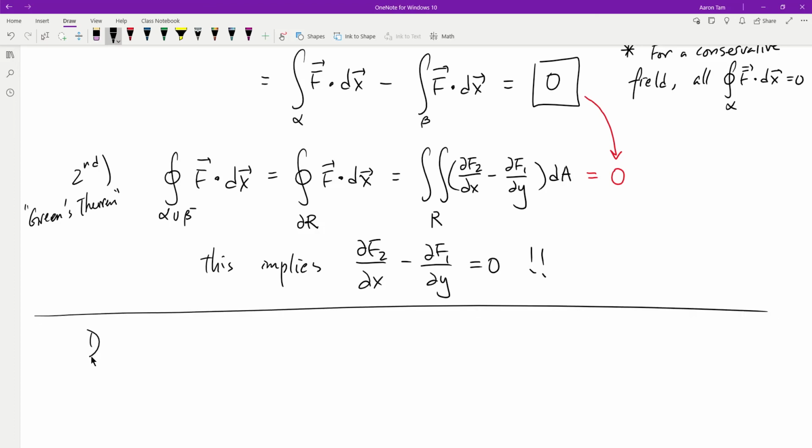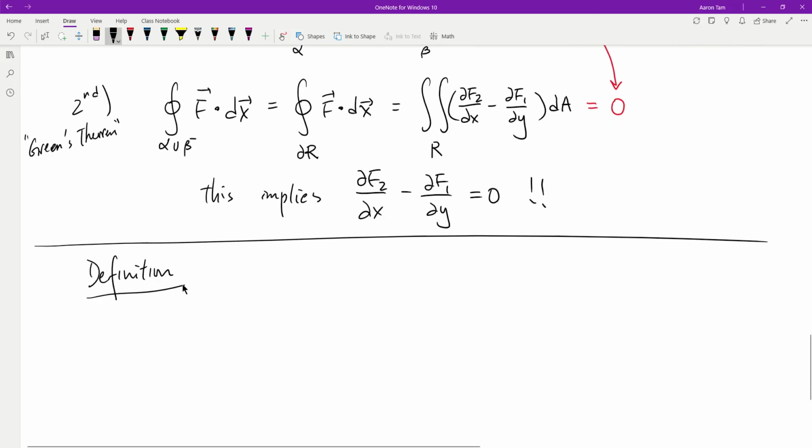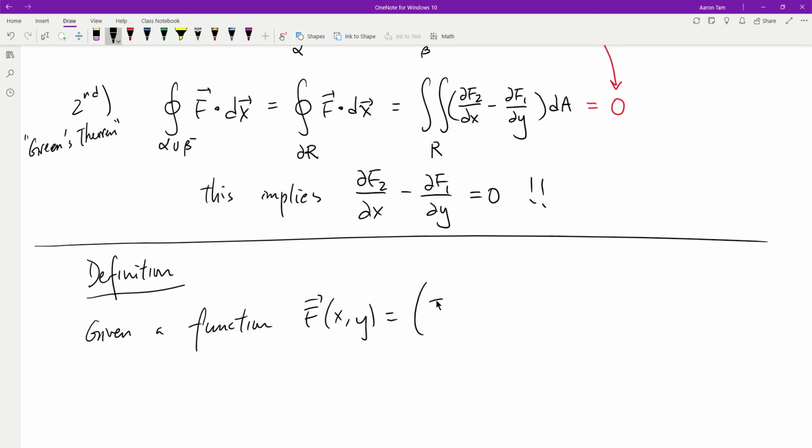Definition. Given a vector field, a vector field f of x, y, which is equal to f1 of x, y, f2 of x, y.